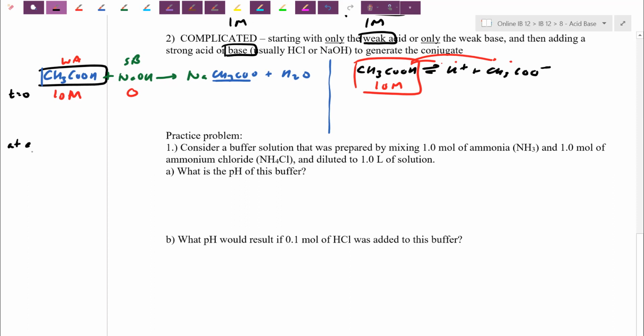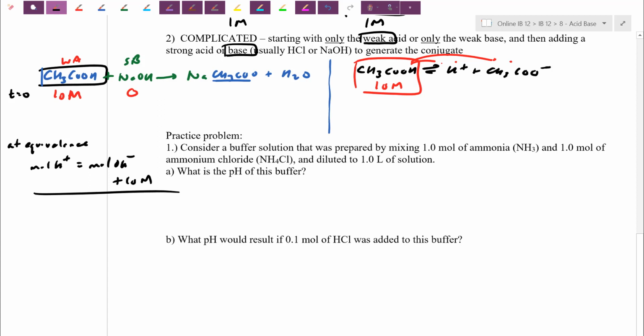At equivalence, there's a name we haven't seen in a while, the moles of H+ have canceled out the moles of base. You've perfectly counted the acid particles and you perfectly dropped in the base to neutralize it. So what would I need to actually reach equivalence? If you have 10 molar worth of acetic acid, I would need to have added 10 molar NaOH.